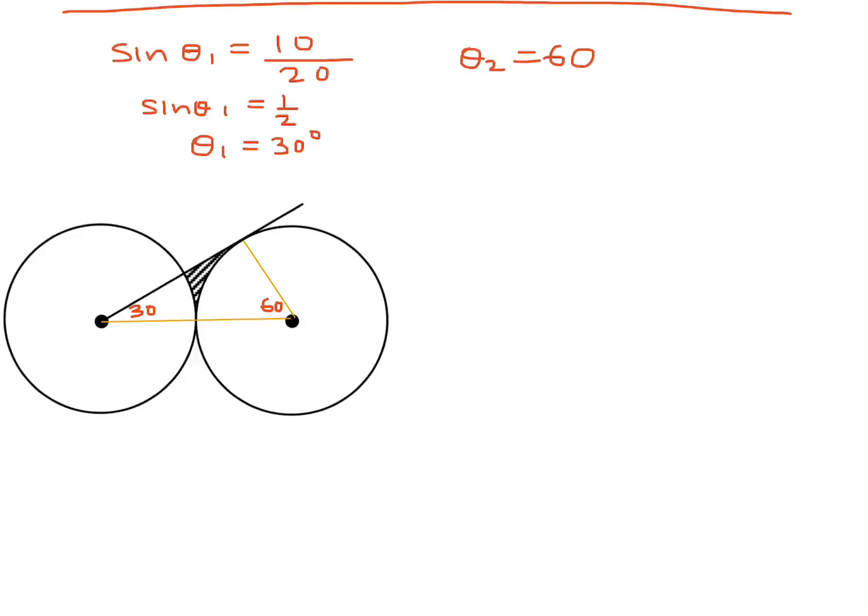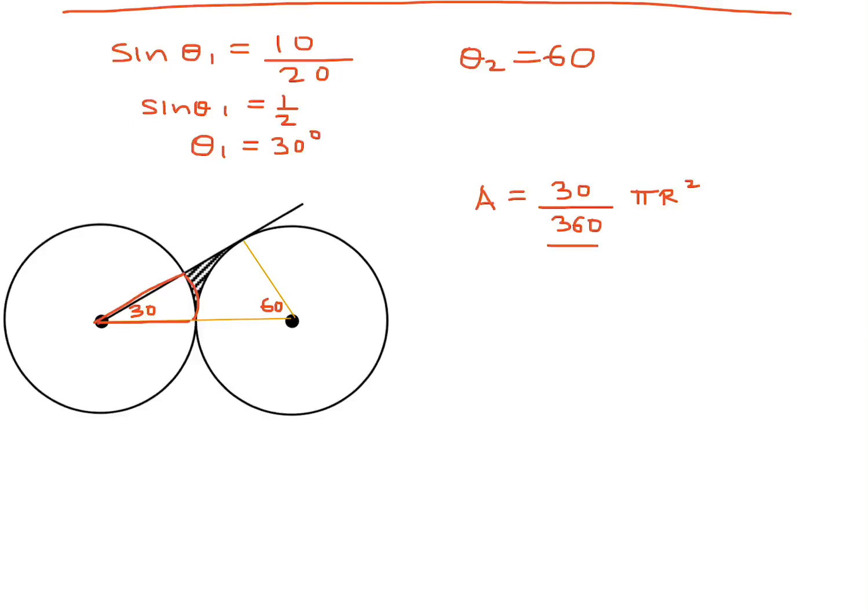So that means that this segment, the area, is going to be 30 over 360 times pi r squared. Because the full angle all the way around is 360, but we're only getting 30 of it. So that's how you come up with this part.